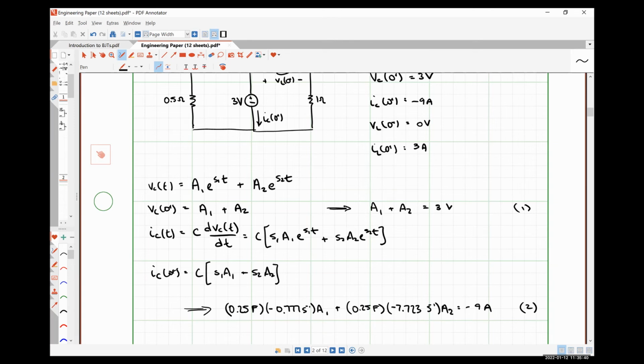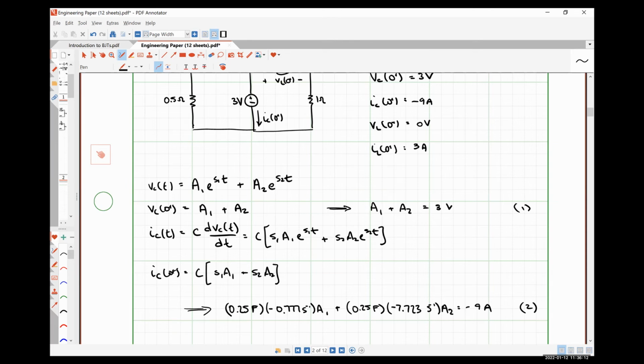So we can solve this system. I have 1 A1 plus 1 A2 is equal to 3.